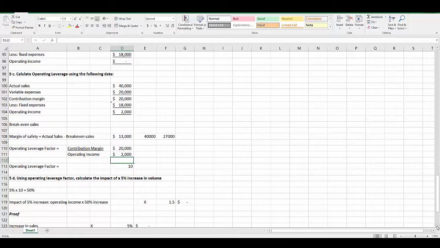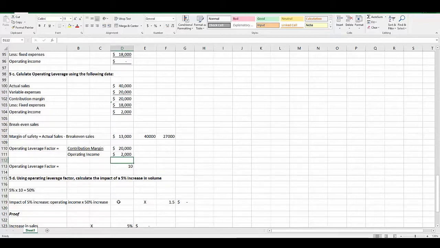What we're doing here is using our leverage factor of 10. So we're saying a 5% increase in the number of units sold, using an operating leverage of 10, means that a 5% increase in the number of units sold will actually increase your income by 50%.